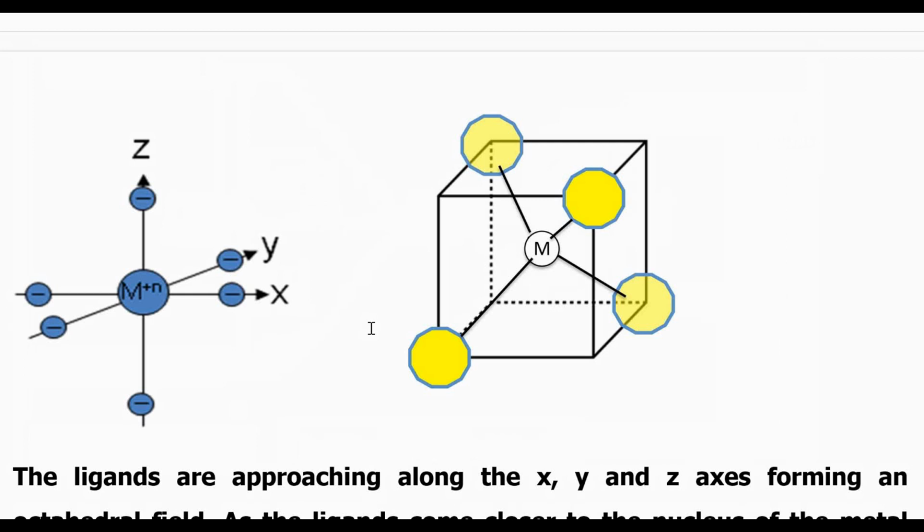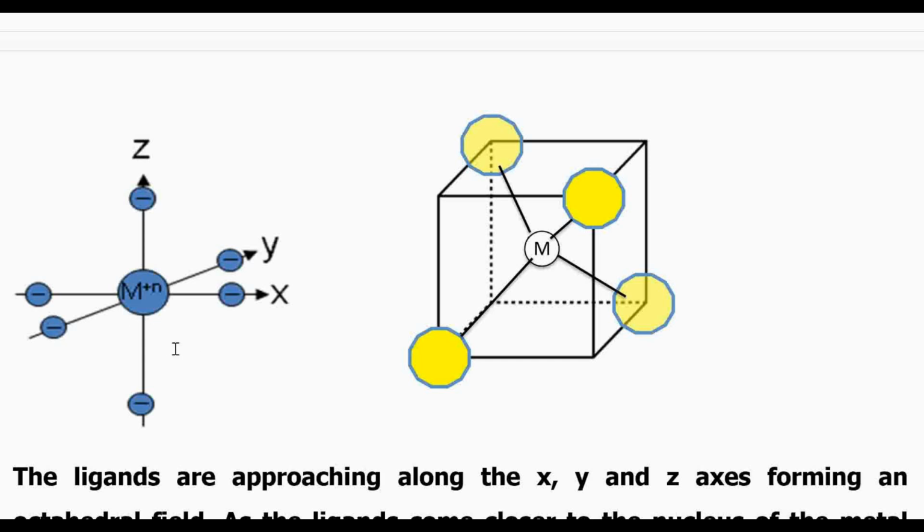So we have seen how the d orbitals split when an octahedral ligand field, or you will say 6 uninegative monodentate ligands, approach the metal ion.